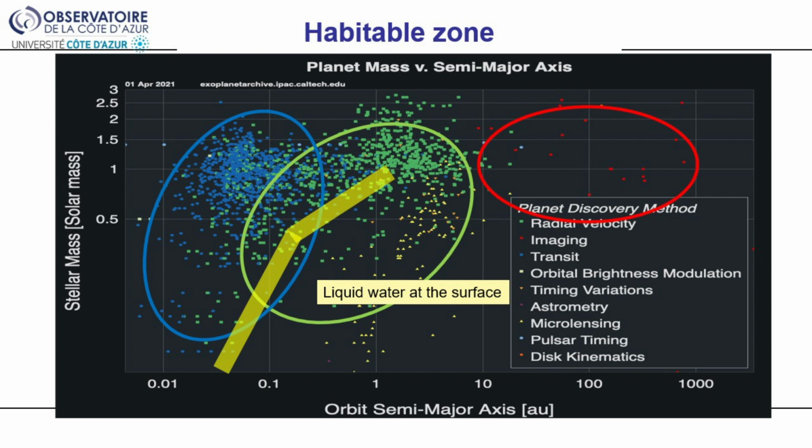You vary the composition of your atmosphere between water and CO2, which are two greenhouse gases, and you look at the condition and distance to the star, composition of your atmosphere, to see if you have a temperature at the surface that matches a temperature where you will find water in a liquid state.